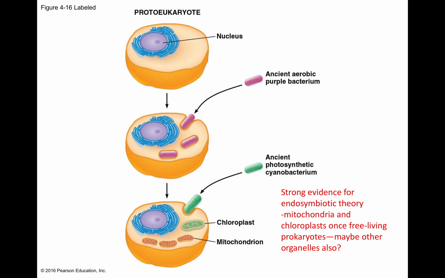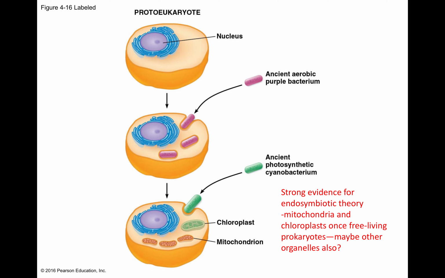So there is strong evidence that chloroplasts and mitochondria were once free-living prokaryotes and or archaeans, and that they were engulfed by a eukaryotic cell. Instead of digesting those components, the cell kept these organelles and then were able to take advantage of them. Mitochondria in terms of making ATP, chloroplasts in terms of making ATP and making food.